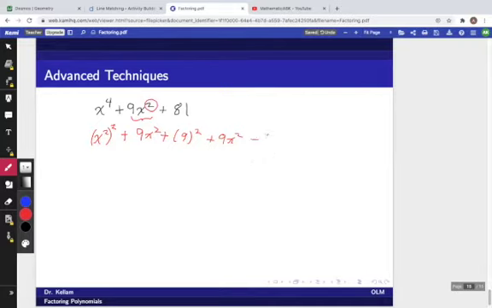So I have to then subtract 9x squared. And here you see that now over here we have x squared squared plus 18x squared plus 9 squared minus 9x squared.